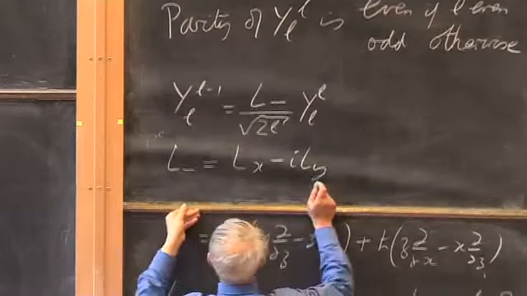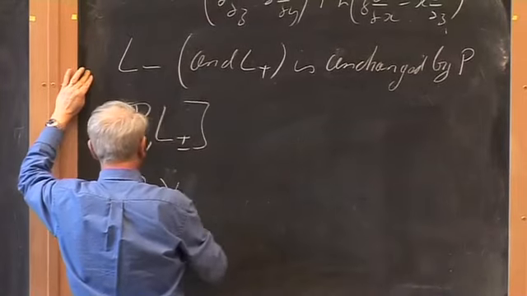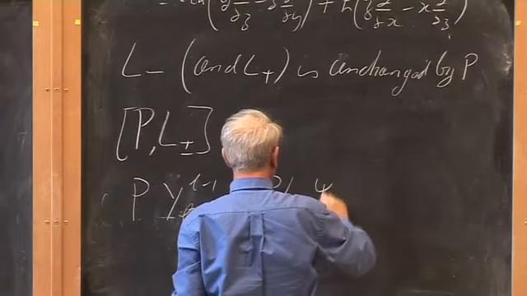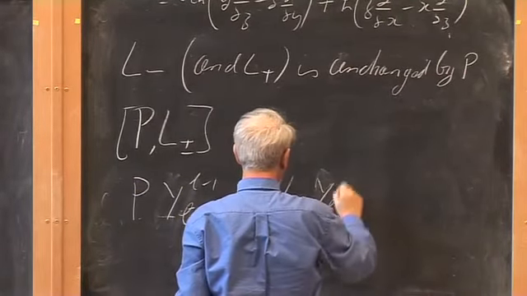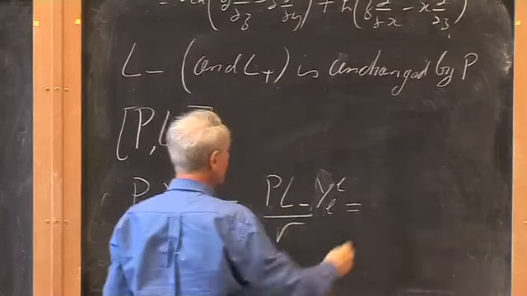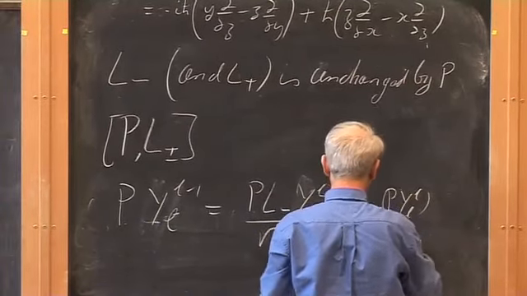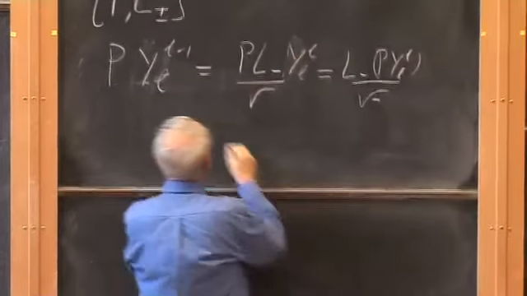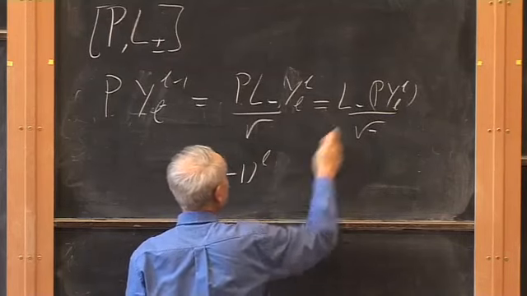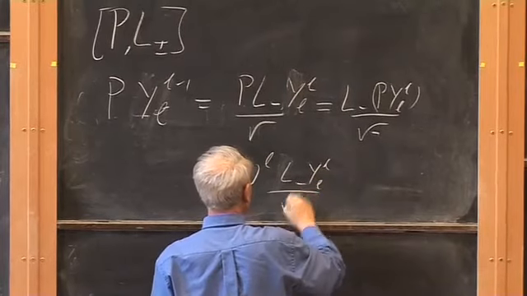Let me just write that argument down, perhaps. So we have that P on YL minus 1 is equal to P L minus YL over some square root, that's not interesting, which is equal to L minus P YLL over the square root, which is equal to (-1)^L times L minus YLL over the square root.